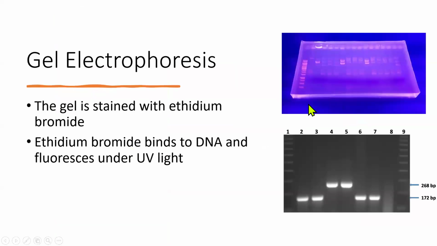So in order to see the DNA, you have to add a special compound called ethidium bromide. Ethidium bromide binds to DNA and it fluoresces under UV light. Okay, so you take the gel out of the chamber when it's done, and then you soak it in ethidium bromide, and you wait for the compound to bind to the DNA.